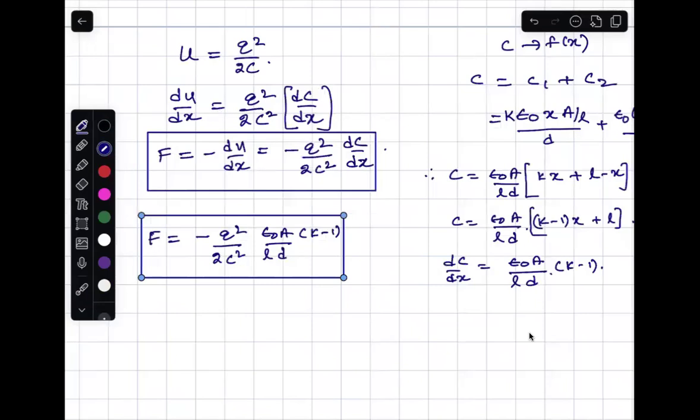So this negative sign indicates that it is attractive, always inwards. Can I ask you a question?